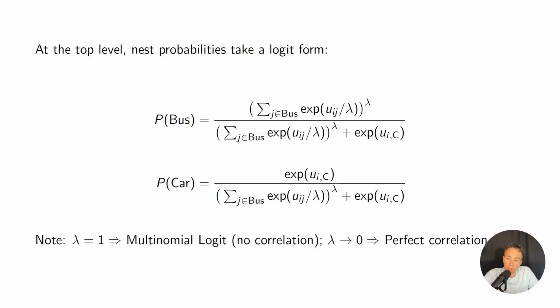If lambda equals 0, or as lambda approaches 0, then I get perfect correlation among the alternatives within the nest. So the value of lambda can kind of tell me the degree to which the alternatives are not correlated, meaning that a low value of lambda that's closer to 0 means more correlation. A value of lambda equal 1 means less correlation.